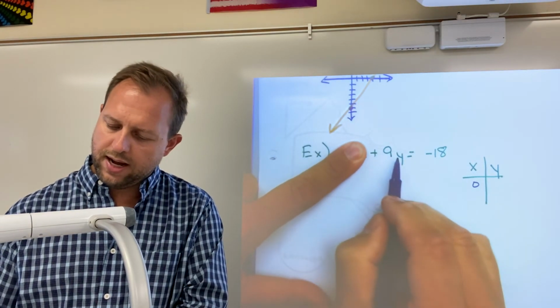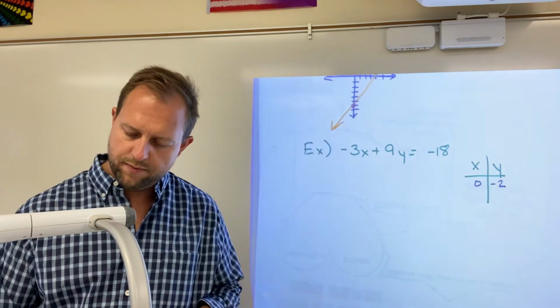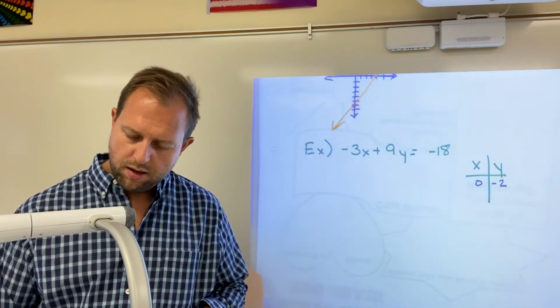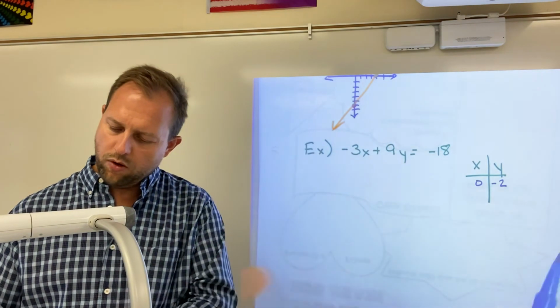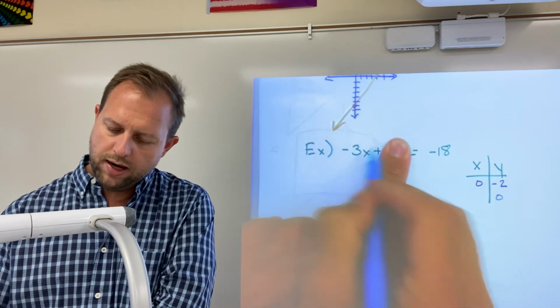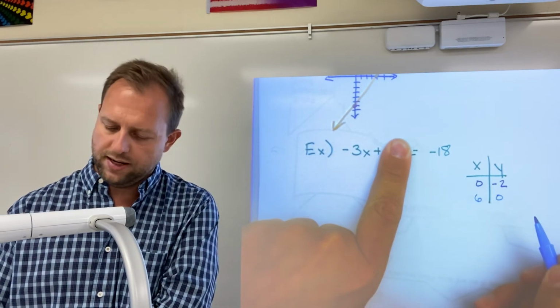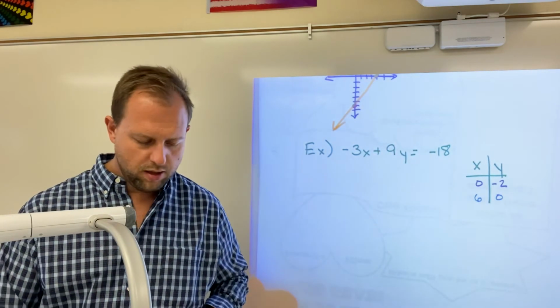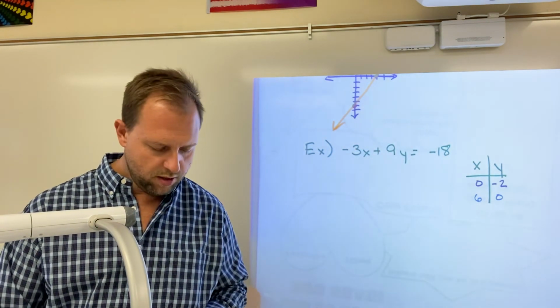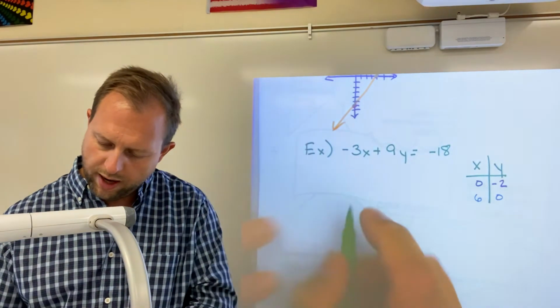It's going to be 9 times -2 gives us -18. For the other point, zeroing out the y, -3 times +6 gives us the -18 value. And once we have those 2 pieces, we can graph.